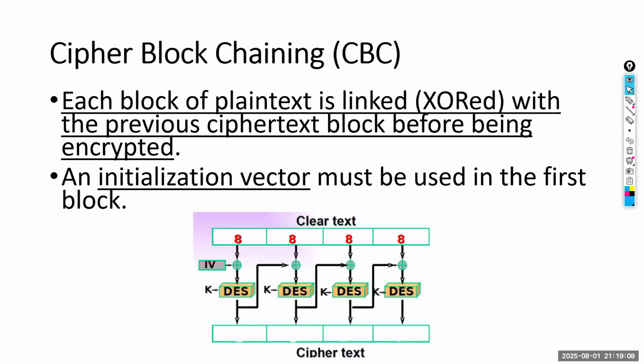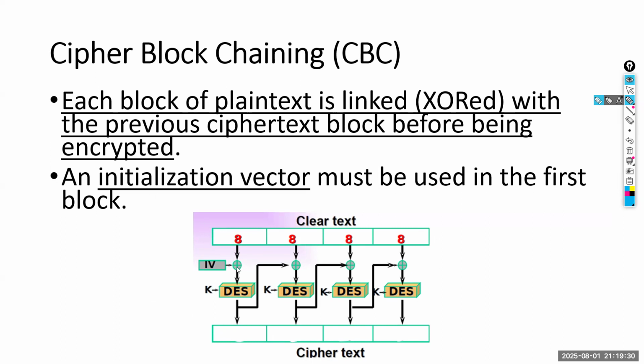Right. The second block mode is cipher block chaining, CBC. Actually, you don't need to exactly memorize how it is done for the exams. But you must have a little bit of idea and understand it, but don't memorize. Then you must know the pros and cons of each mode. That's it.